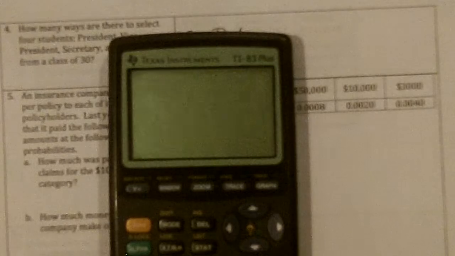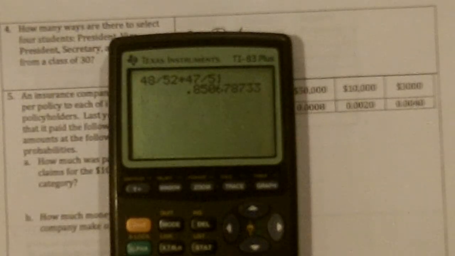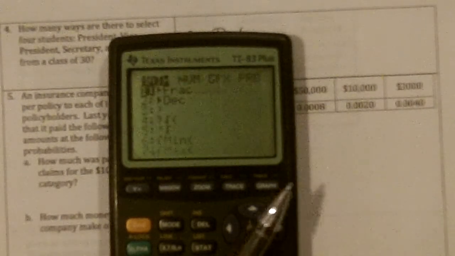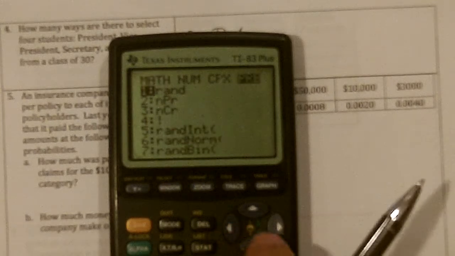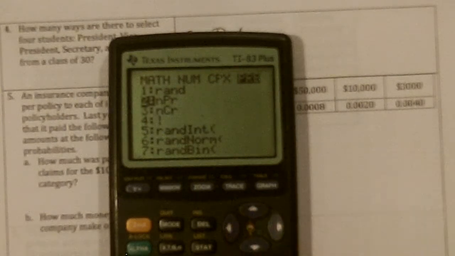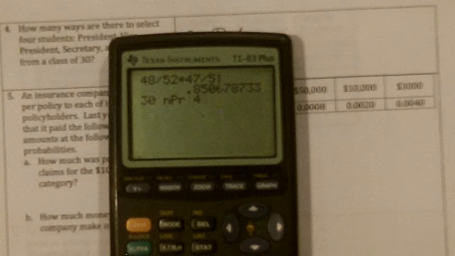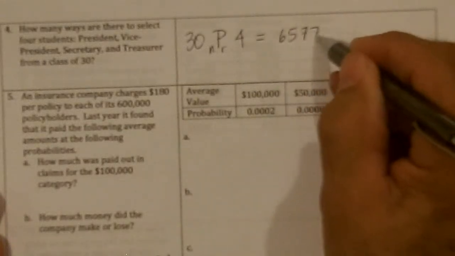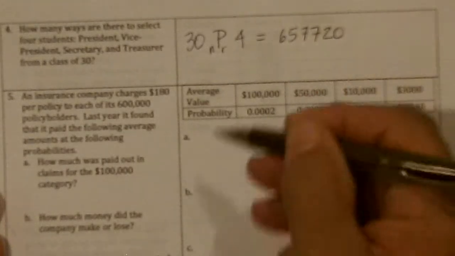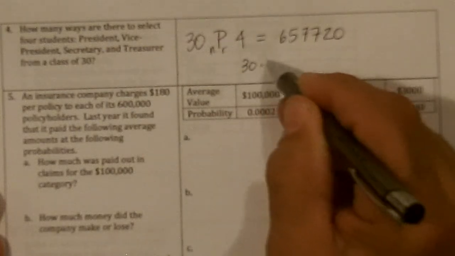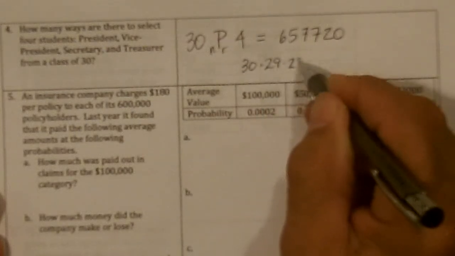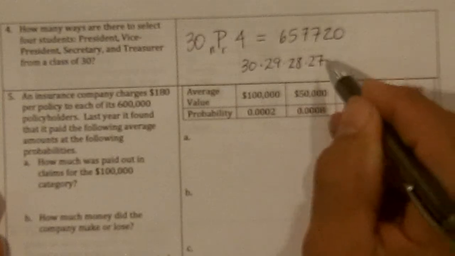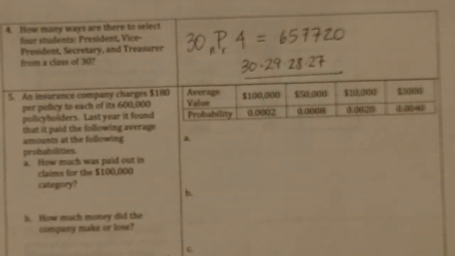So on my calculator, I push 30, math, probability, nPr, pick 4, and arrange them. 657,720. Which is 30 times 29 times 28 times 27 if you don't have nPr in your calculator.